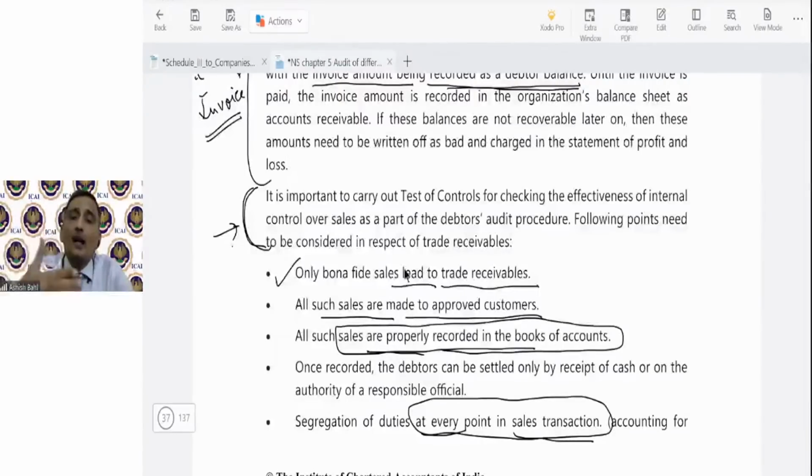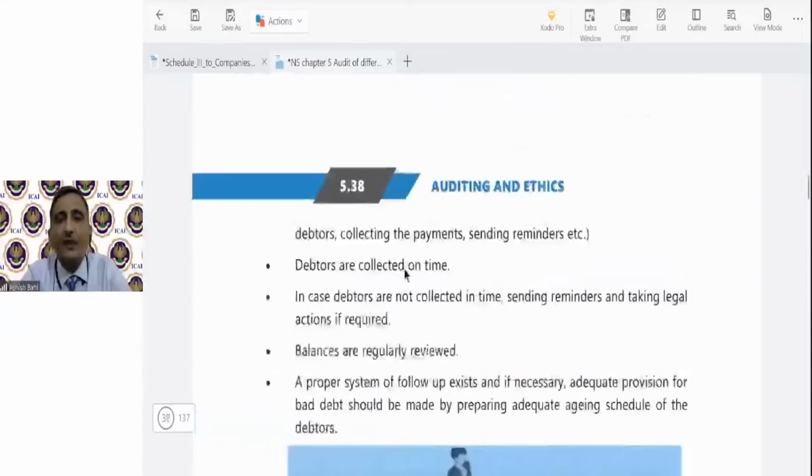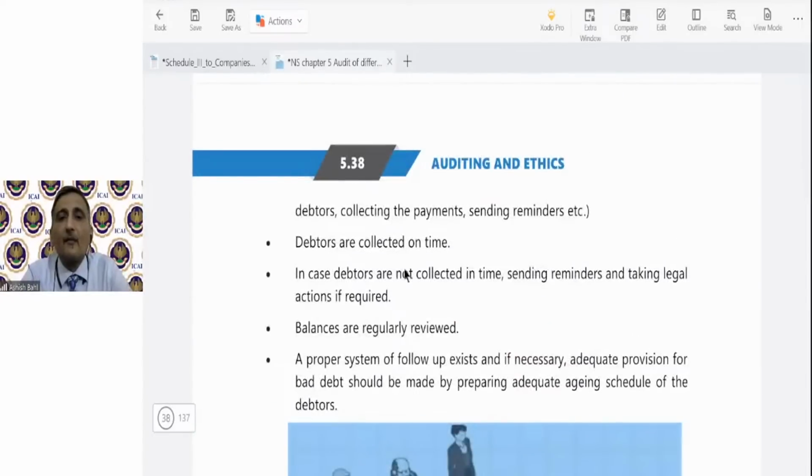So segregation of duties, division of duties, is very important to prevent frauds. It has to be verified by the auditor.